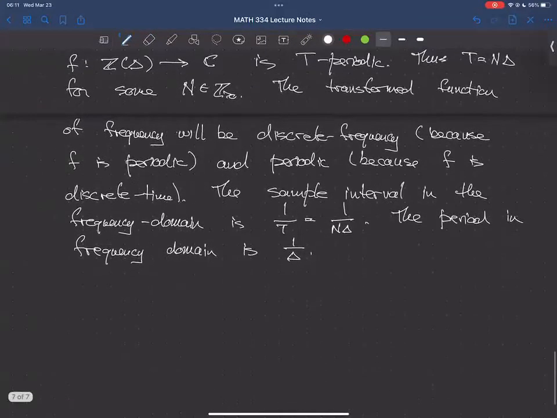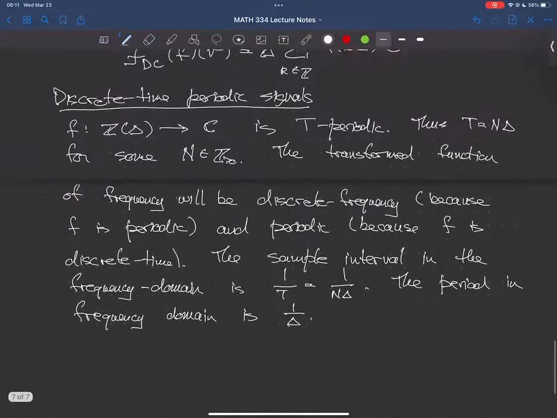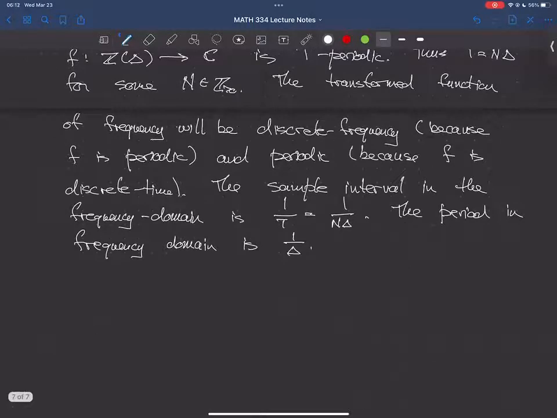All right, and so the transform is going to be now F_DD, a discrete time, discrete frequency transform of f.